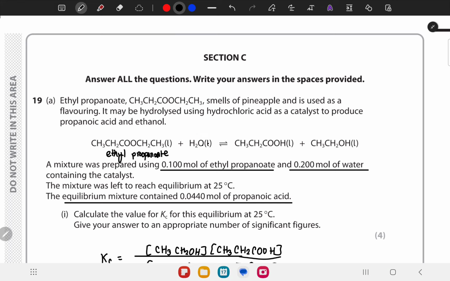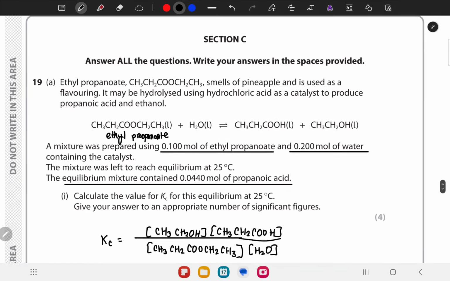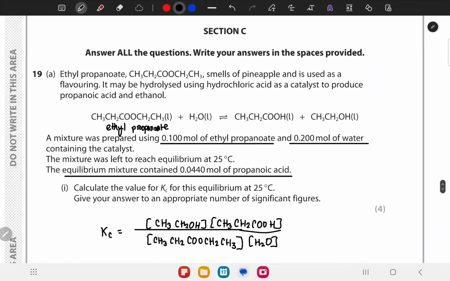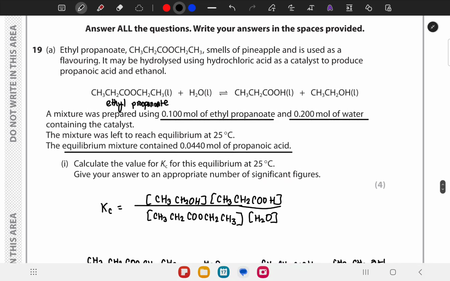The forward reaction is the reverse of an esterification. The backward reaction is esterification. The number of bonds being made and broken are of the same type and number. The number of OH bonds being broken and made are the same.